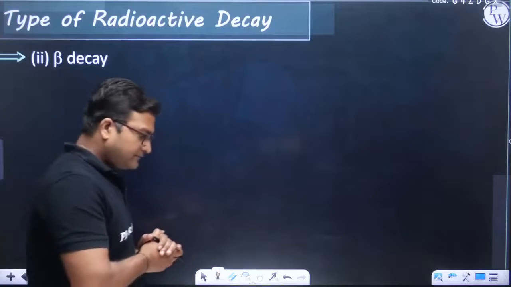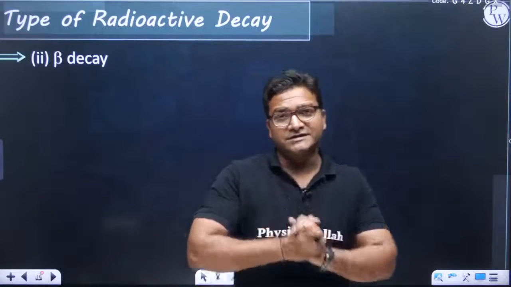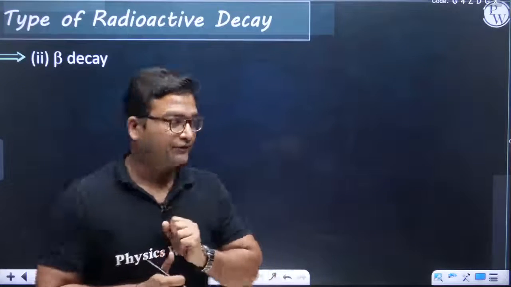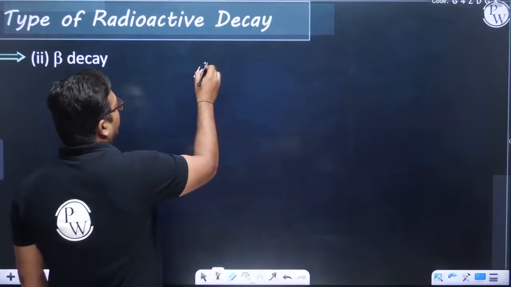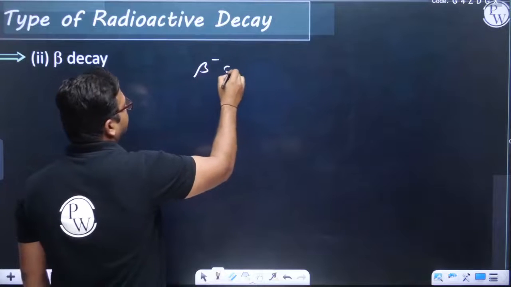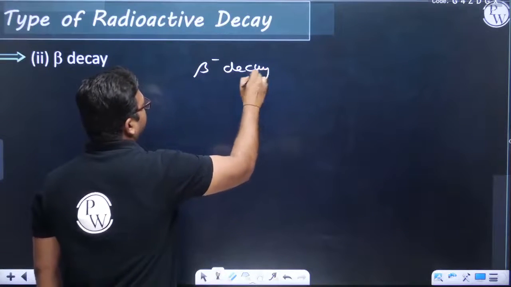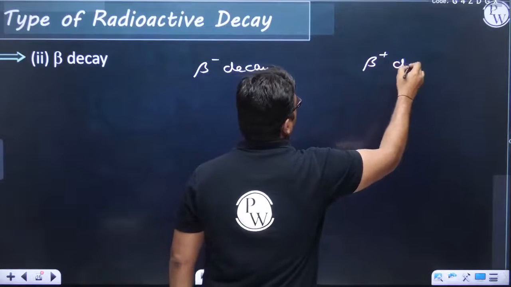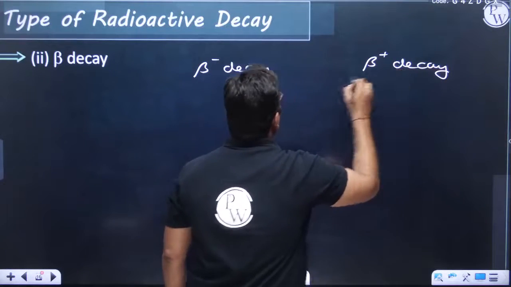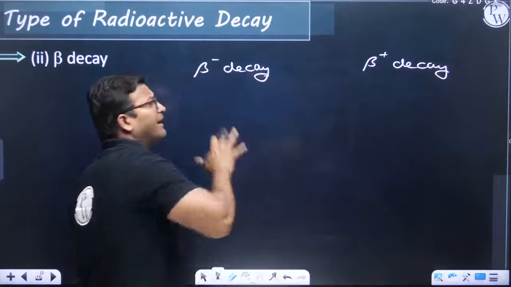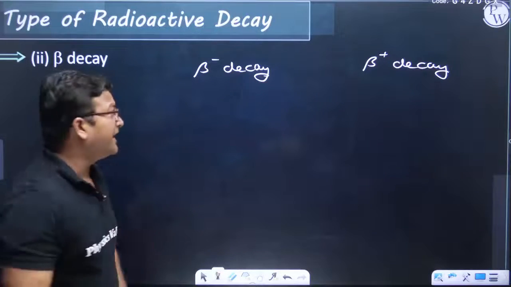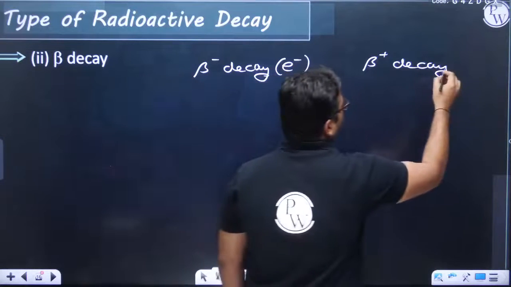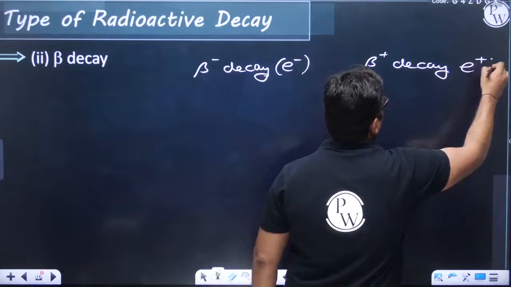Next we have beta decay. Beta decay is actually of two types: beta minus decay and beta positive decay. Beta minus is simply an electron, and beta positive is basically a positron.